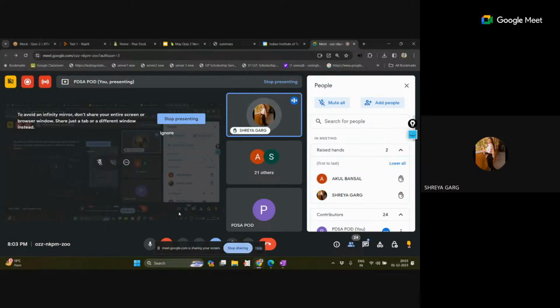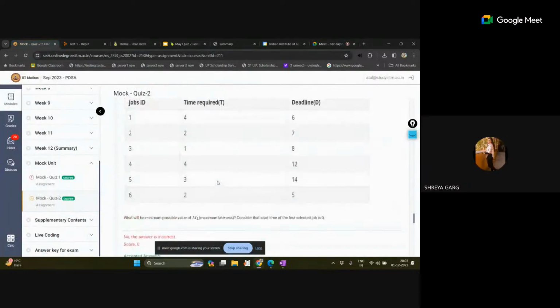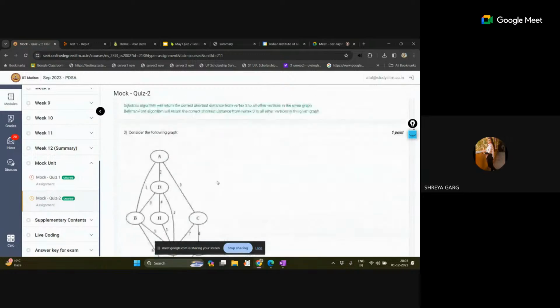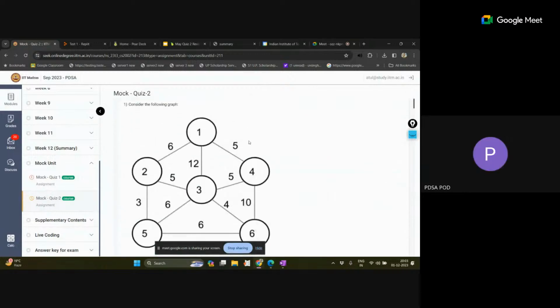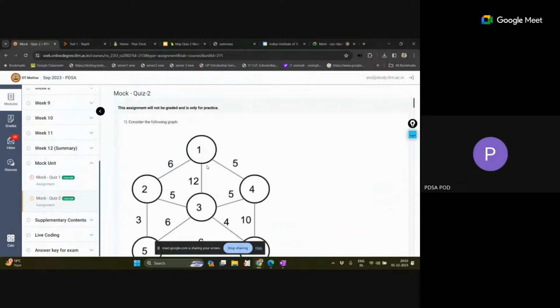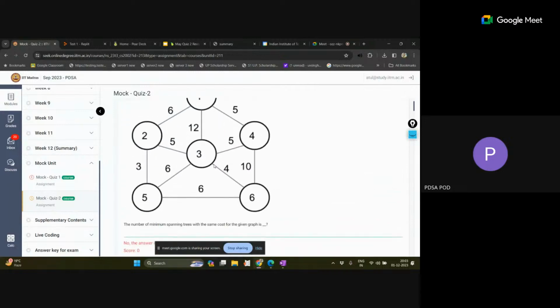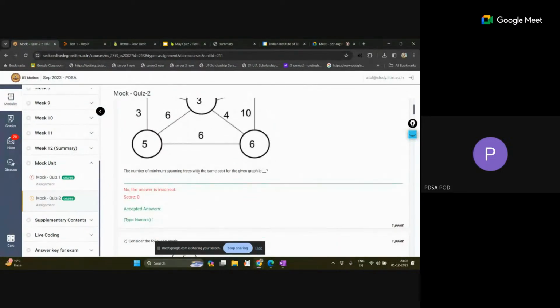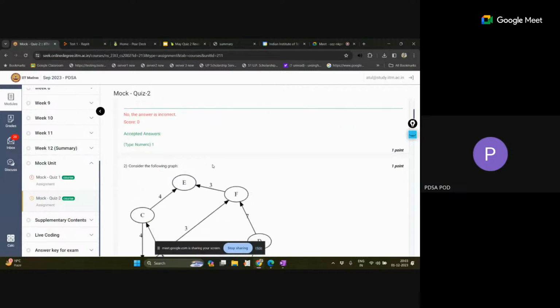The second option, why is it incorrect? So, does anyone have a doubt in question 1? Please open your mic and tell me. If not, then I am scrolling through.